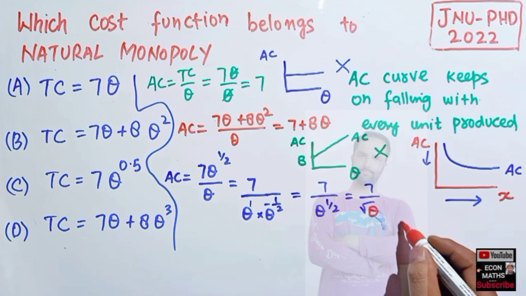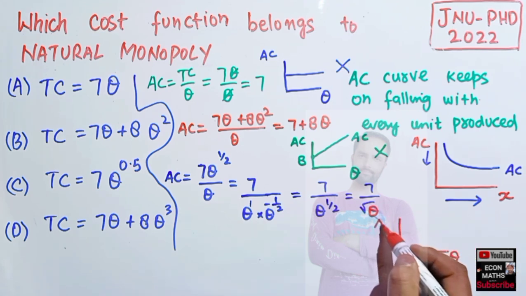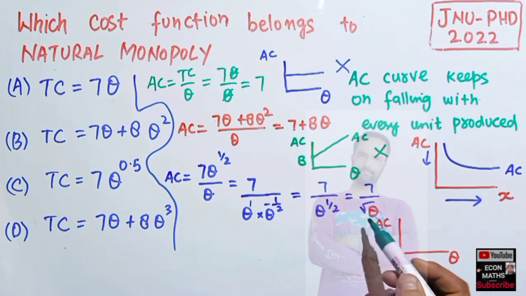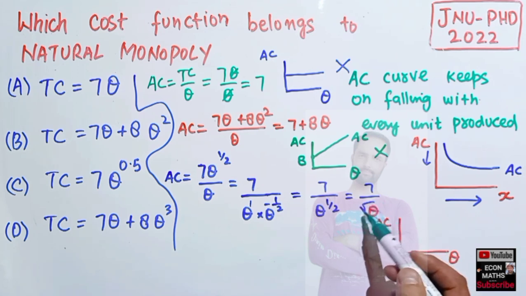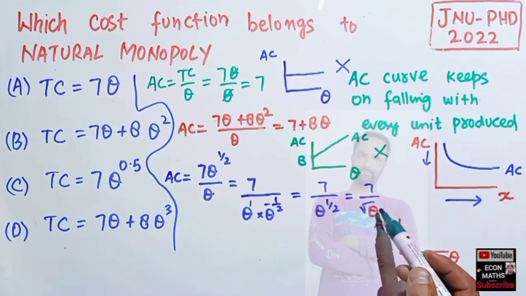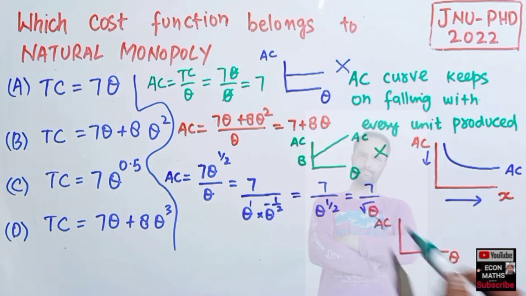And in this case, the graph of this will look like this. q is on this side, average cost on this side. So average cost will be falling here because in the denominator we have root q, 7 divided by root q will decrease.